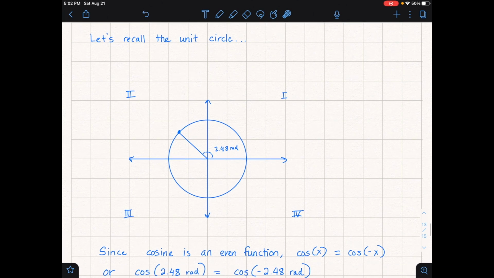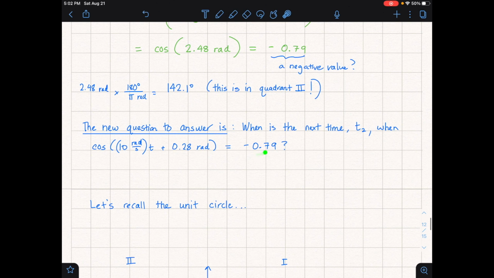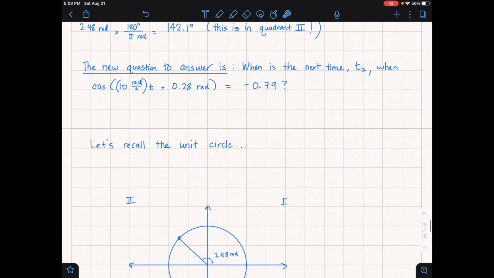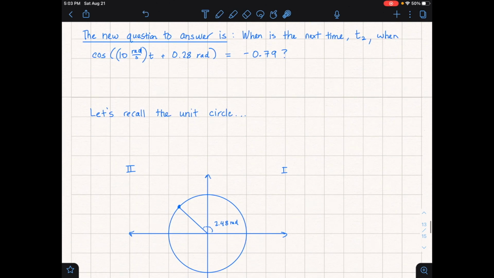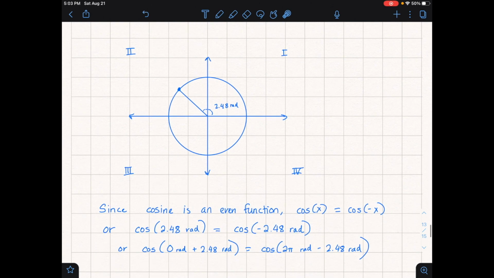And I was trying to remember, okay, when is the next time cosine is going to attain that value of negative 0.79? It's a dimensionless quantity. But I remembered that, since cosine is an even function, cosine of x is equal to cosine of negative x, right?